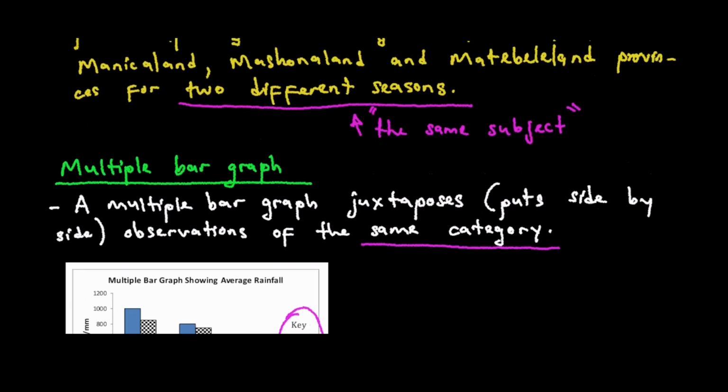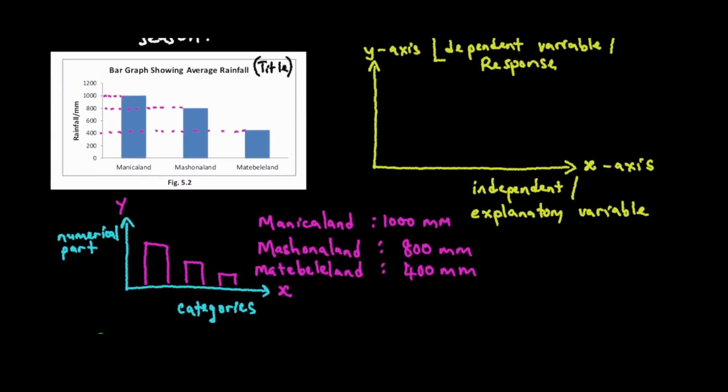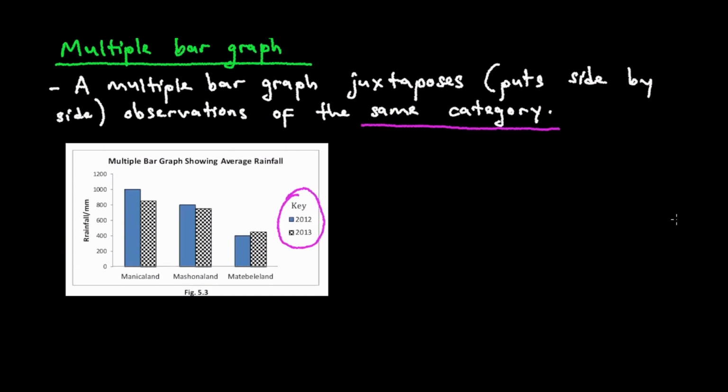And going back up, we see that these bars are the same. Yes, they are, because this bar is telling us that in Manicaland in 2012 the average rainfall is 1000 millimeters, here Manicaland 2012 is 800, here Manicaland 2012 it is also 400. So this key is what tells us the 2 different seasons.